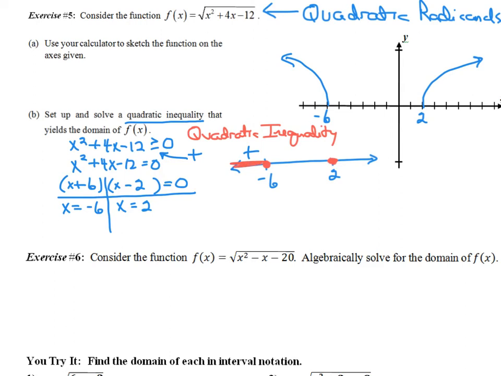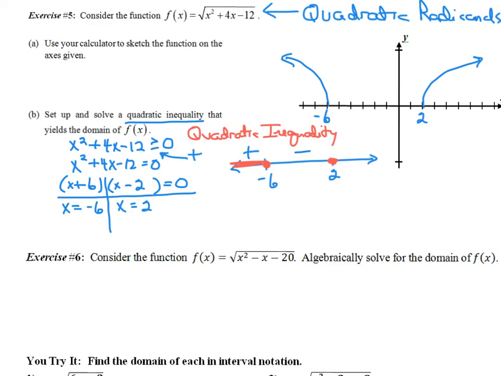So that means I'm going to shade that part. Now let's pick a number that's between -6 and 2, for example 0. That's the easiest one to pick. 0 plus 6, positive. 0 minus 2, negative. Positive times negative tells me that I've got a negative result. I don't want negative, so I'm not going to color that part in.